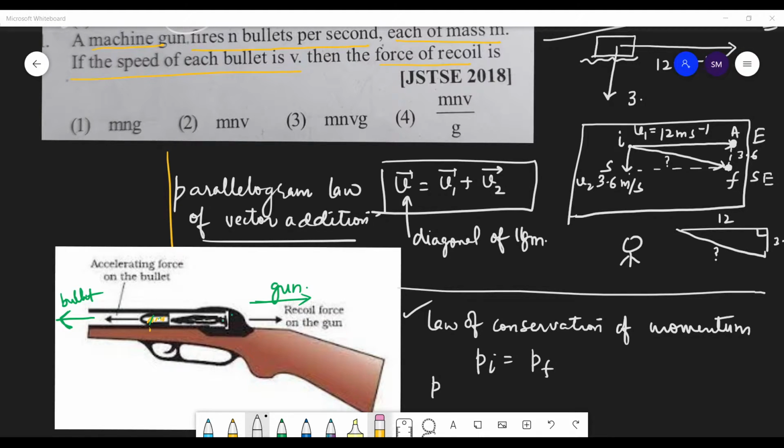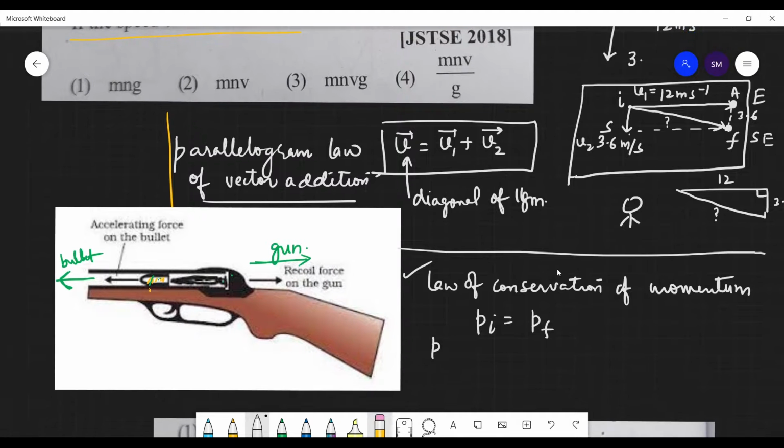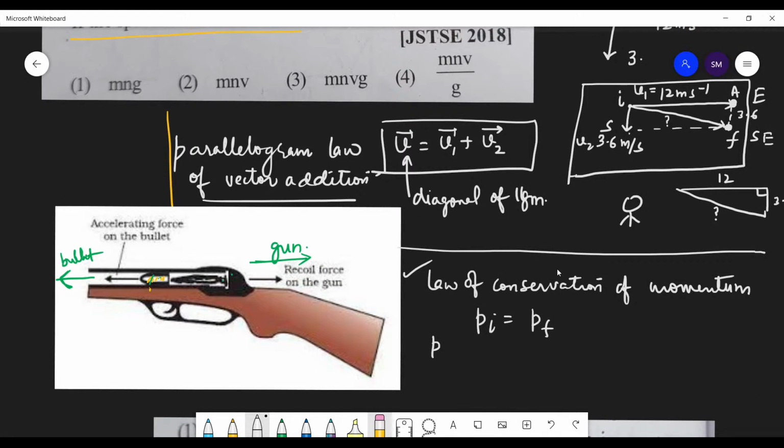If anything is not moving, then the kinetic energy is zero and the momentum is also zero. What was the initial momentum of the bullet? It was also zero. So the net initial momentum was zero, because the momentum of the gun plus the momentum of the bullet, both initial momenta were zero. And now let us talk about their final momentum.